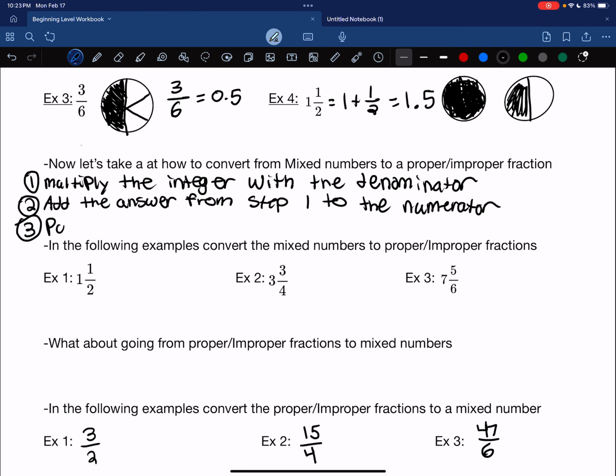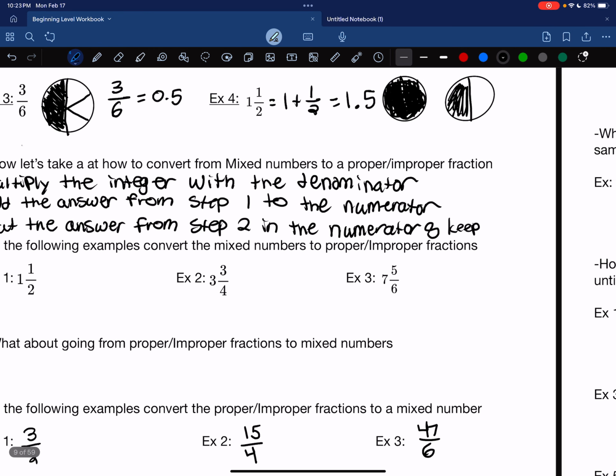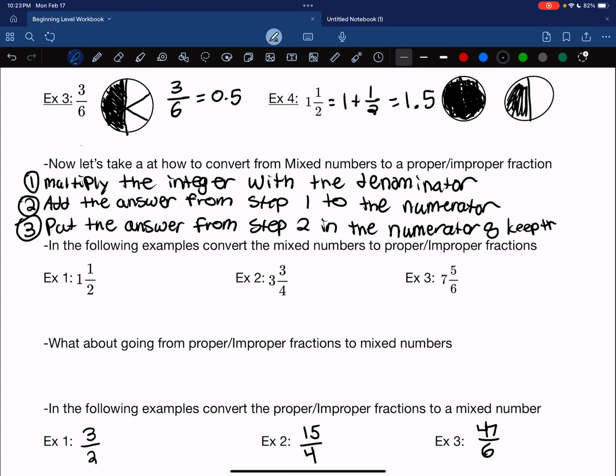We're going to put the answer from step 2 in the numerator and keep the denominator.